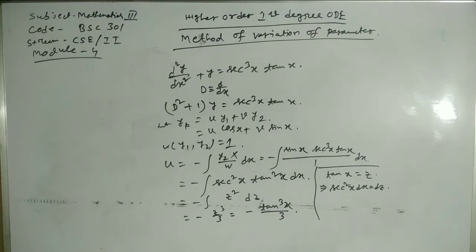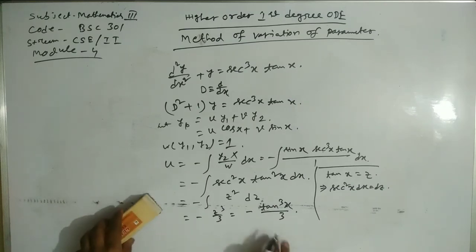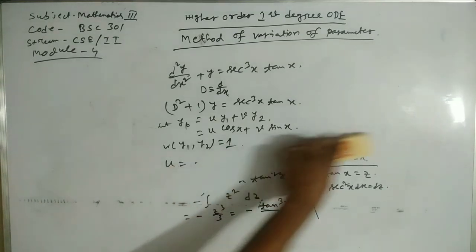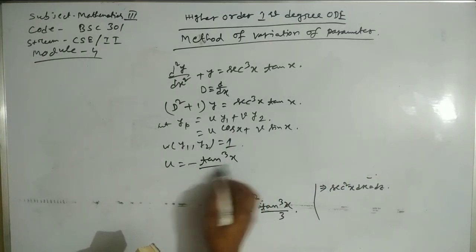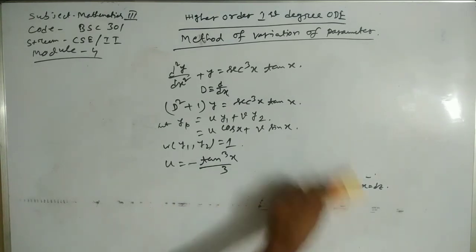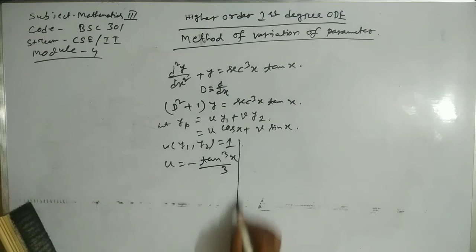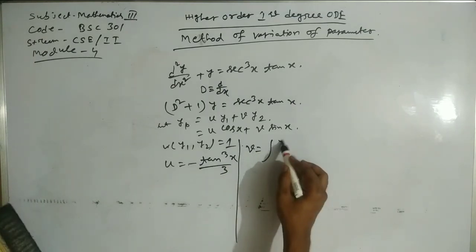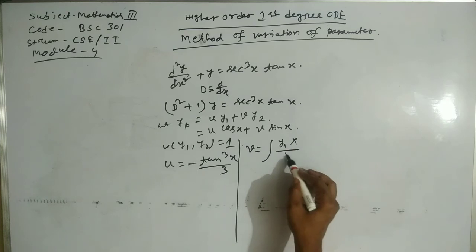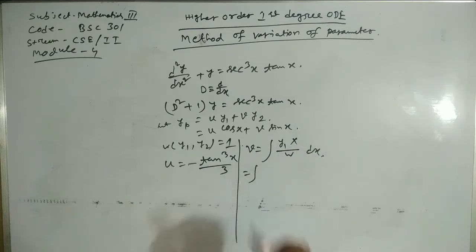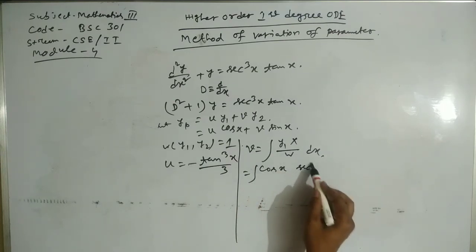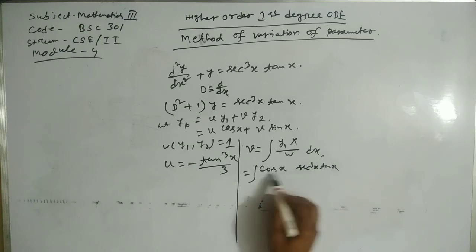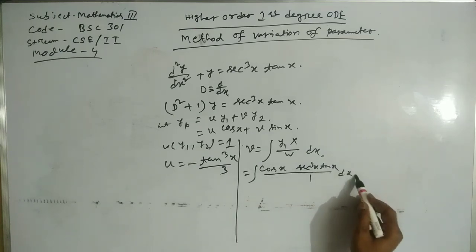Now we will find the value of v. Just writing the result, u equals minus tan cube x by 3. Now v equals integration of y1 capital X by w dx, where y1 is cos x, capital X is sec cube x tan x by 1, and w is 1 dx.